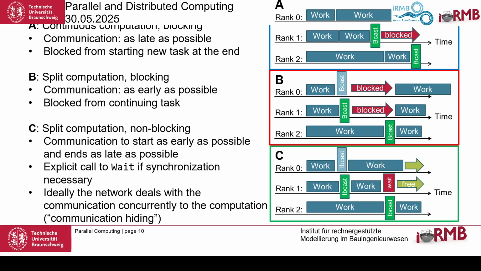So communication hiding with blocking results. So let's say you have some work to do. And what is always important is that this work can somehow be split into parts. So this is very often the case, in particular if you have a loop. So the loop can always be cut into several parts that you execute one after the other.